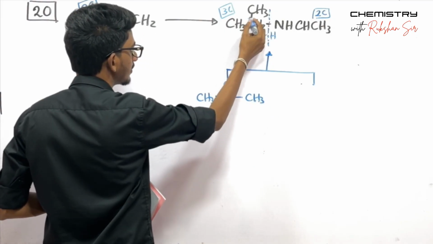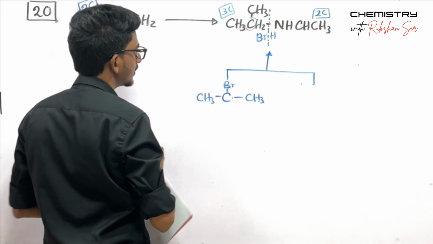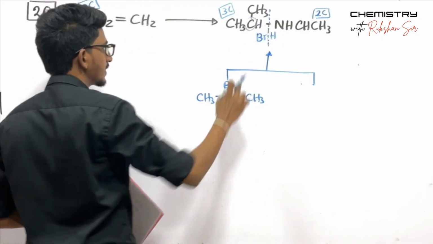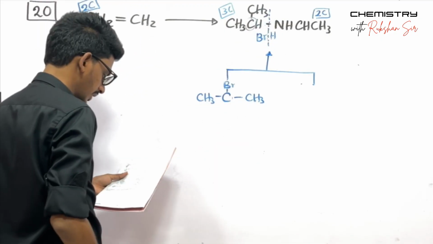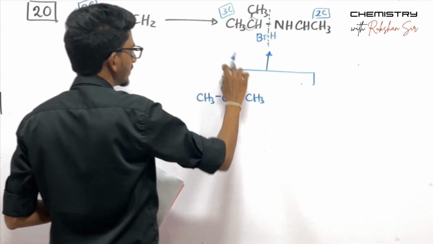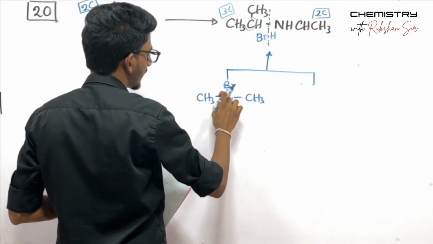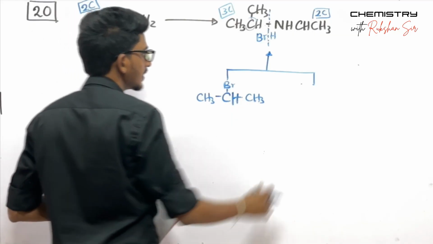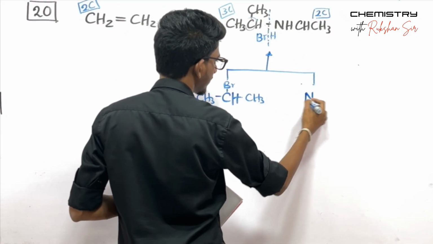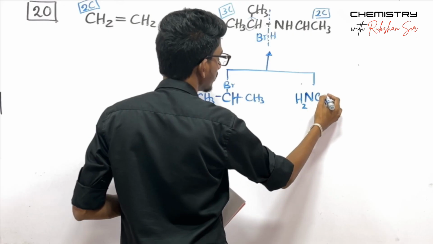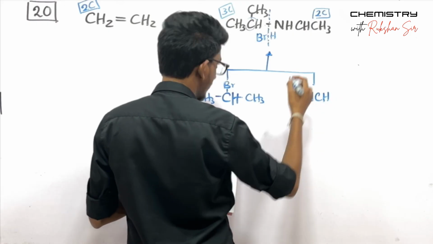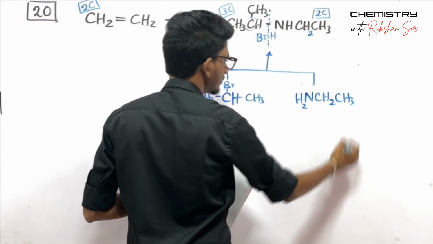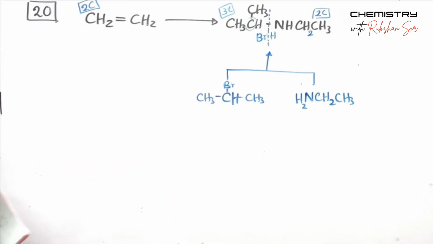Center carbon. So this will be just CH, since it lacks one bond. And here it is NH2. It's simple.